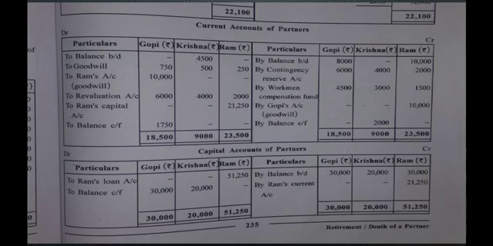So starting with the retiring partner, the total of the credit side of Ram's current account is higher compared to the total of the debit side. So 23,500 minus 250 and 2,000 gives you 21,250. This amount is to be given to Ram. Yes, this is the balance of the current account of Ram, which is to be credited to his capital account.